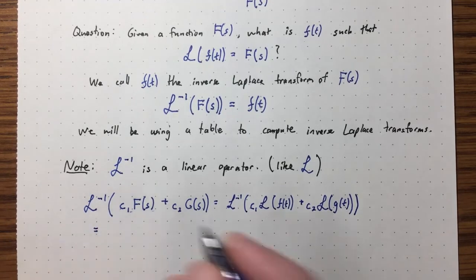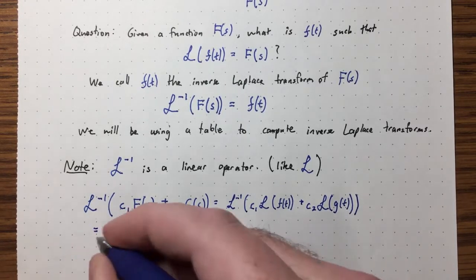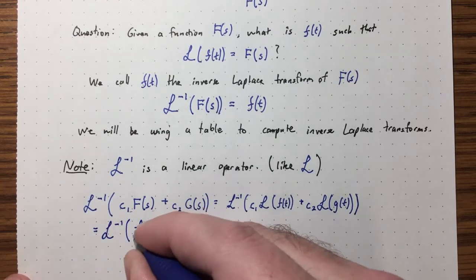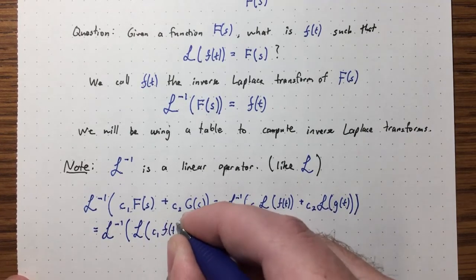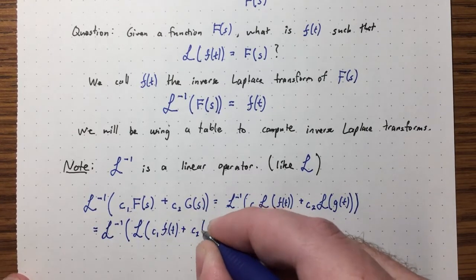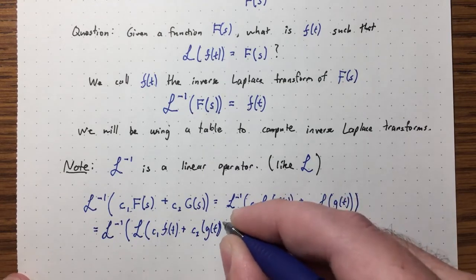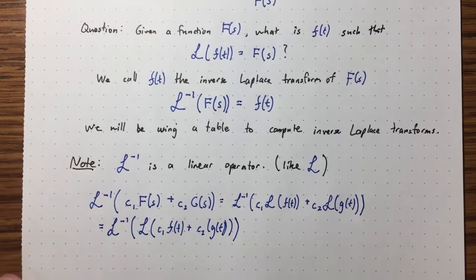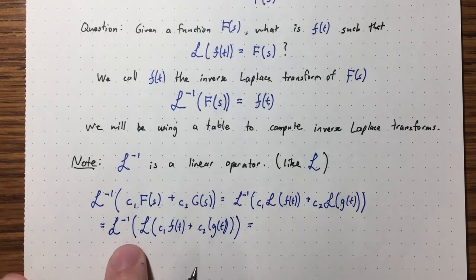Next, I'm going to use the fact that the Laplace transform is linear. So I can write that inside bit as actually L of C1 f of t plus C2 g of t. What is this here?